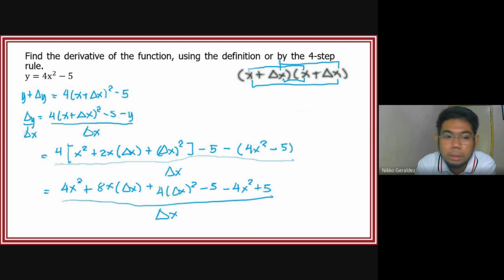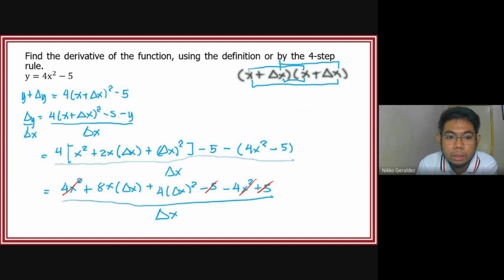Some terms will cancel: 4x squared minus 4x squared is 0, and negative 5 plus 5 is 0. What remains is 8x delta x plus 4 times delta x squared over delta x. What will you do next?